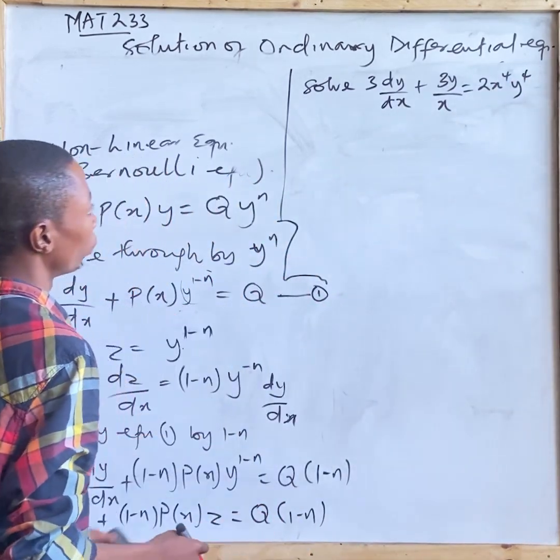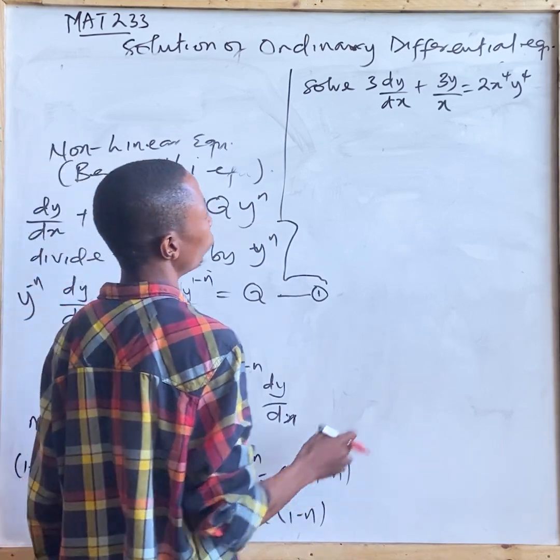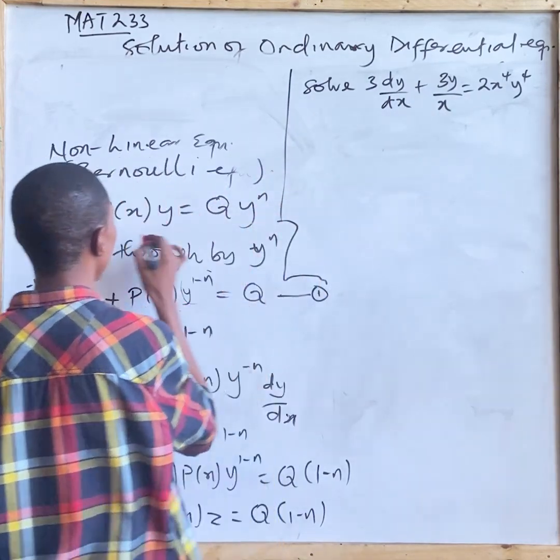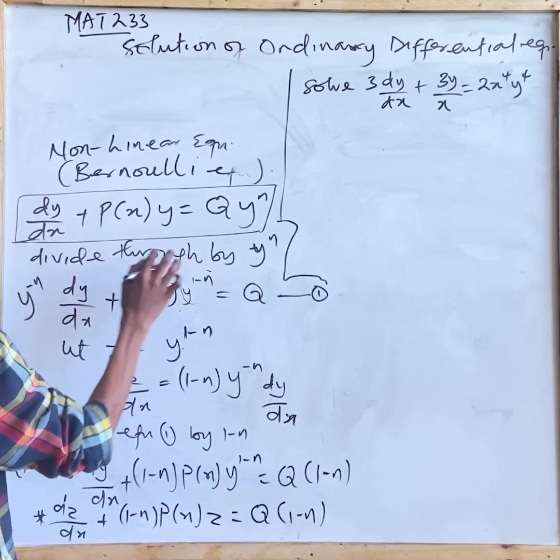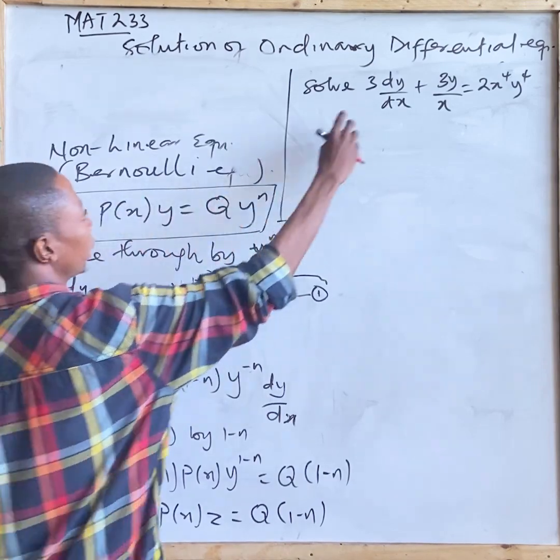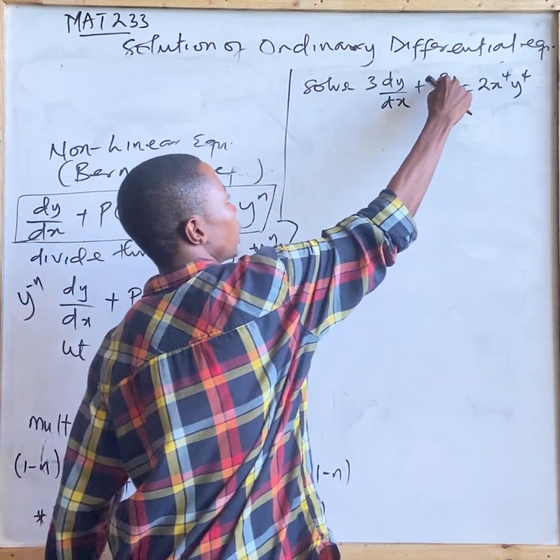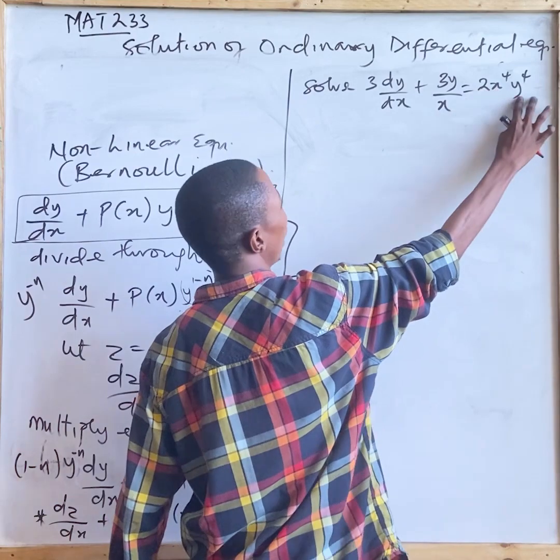So the first thing is to compare this equation to the standard equation of the non-linear form. This is dy/dx, and this 3 doesn't really matter. P of x is this function of x times y, and q is this, with y raised to n.